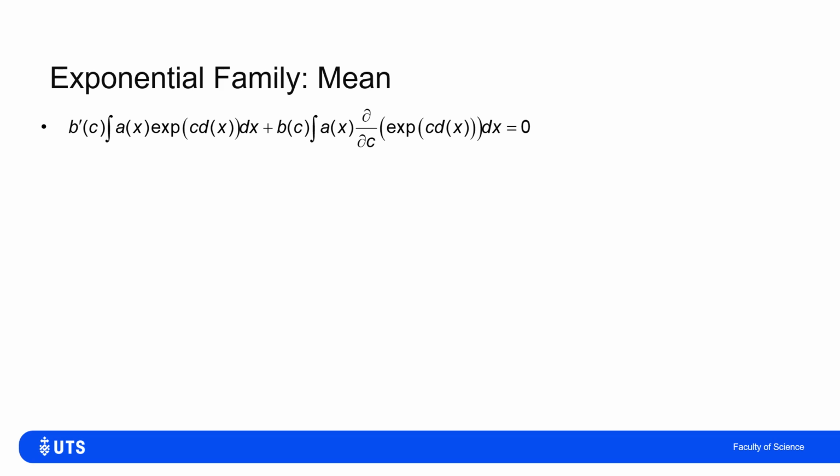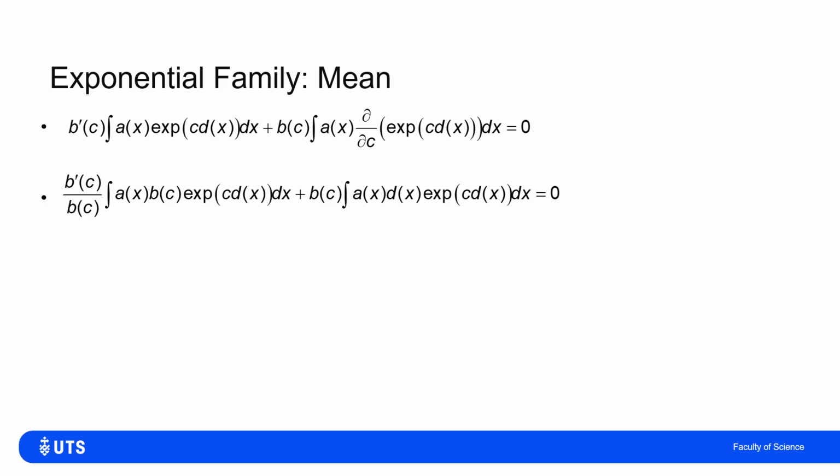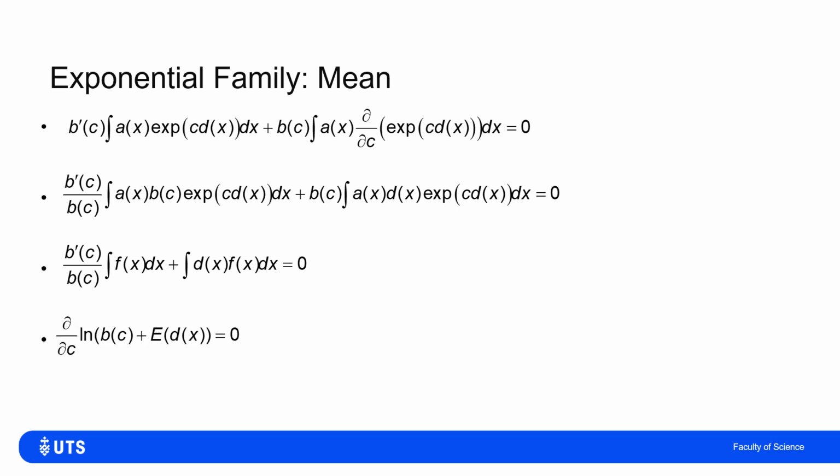Now, what that means is, with a little bit of rearrangement, division by b of c, I will soon get to the fact that the derivative of the natural log of b of c, because of course the derivative of the natural log of b of c will be b dashed of c divided by b of c.